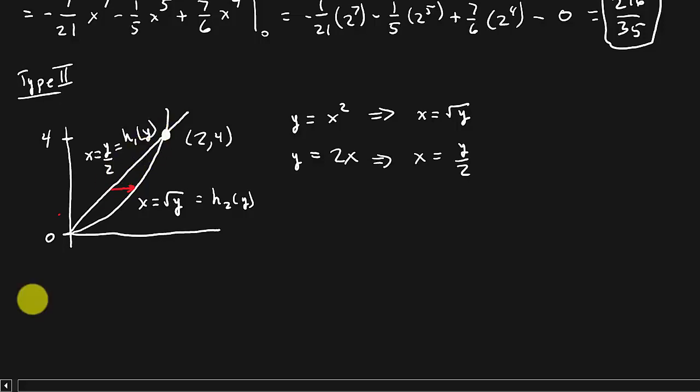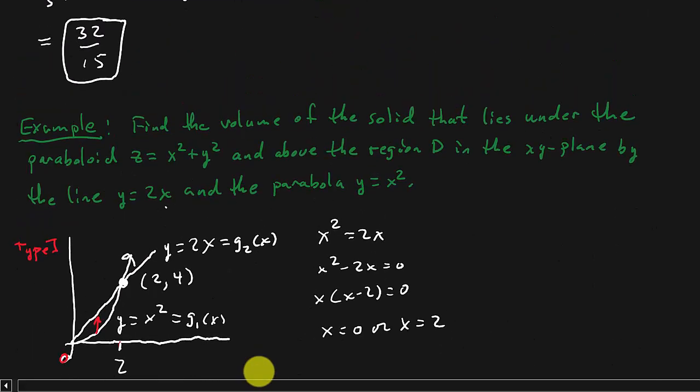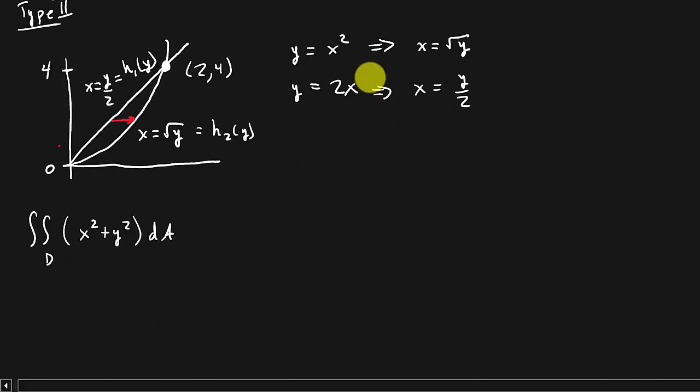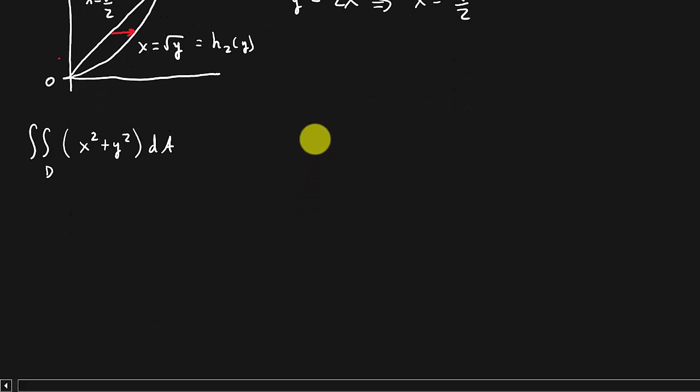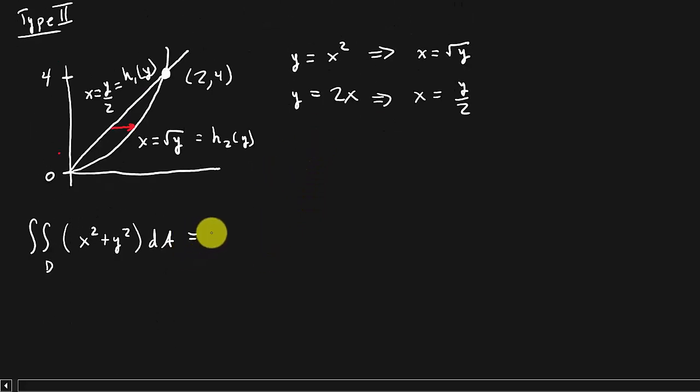All right, so let's set up our integral. What was our function? Yeah, x squared plus y squared dA. I'm still using all this from up here. There's our function, there's y equals 2x and y equals x squared. That's where I'm getting all that from. So this is going to be the integral.